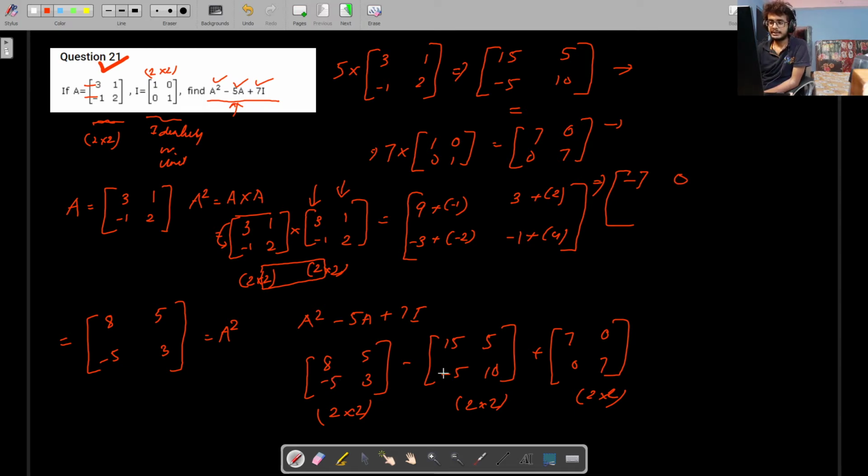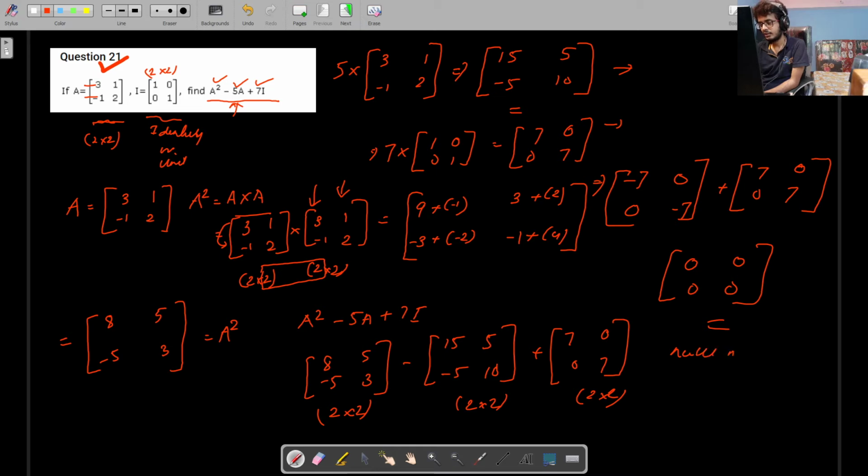Minus 5 minus of minus 5, minus into minus is plus, so minus 5 plus 5 is also 0. 3 minus 10 is minus 7. Adding 7 0 0 7, we get 7 minus 7 is 0, and 0 0 0 0 is the answer. So our answer is a null matrix.